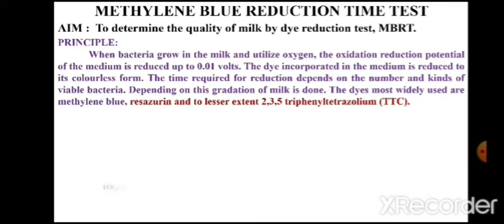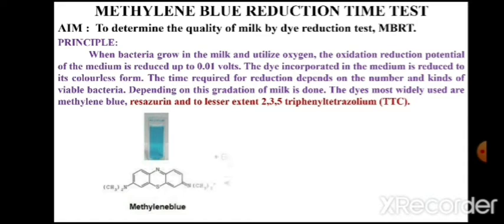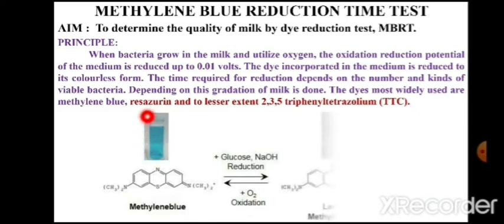How exactly does the reduction of methylene blue take place? You can see the structure of methylene blue and the color. In oxidized condition, in presence of oxygen, it is blue colored. When it comes in contact with agents which are responsible for donation of electrons, we call them reducing agents.